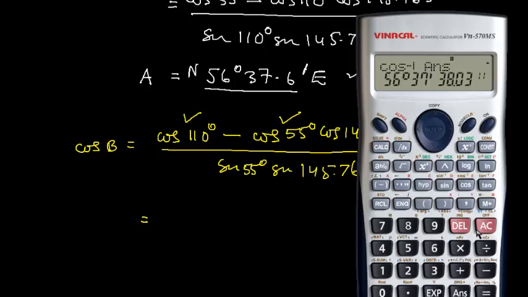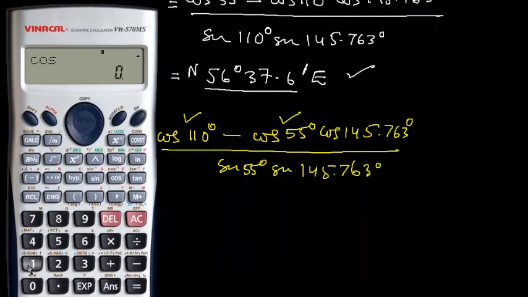Well, again I can use this calculator, and let's start punching it in. This is cos 110, then minus, bracket starts, cos of 55 into cos of 145.763, bracket close, answer divided by, again bracket, sine of 55 into sine of 145.763, bracket close.